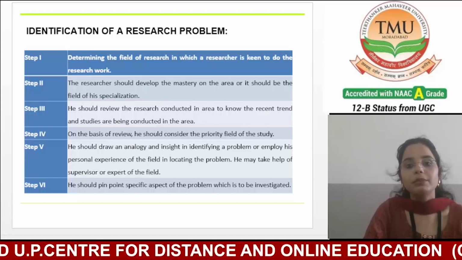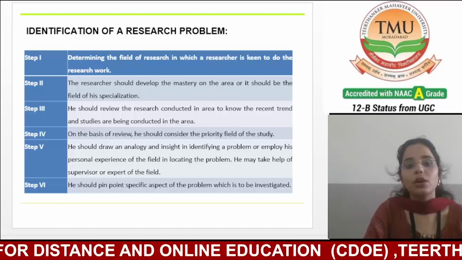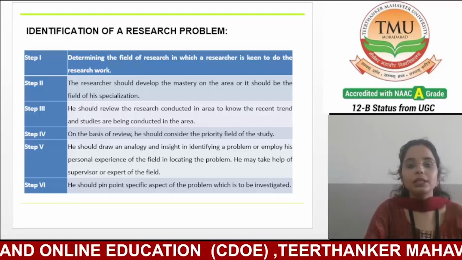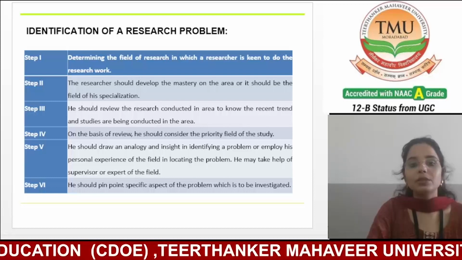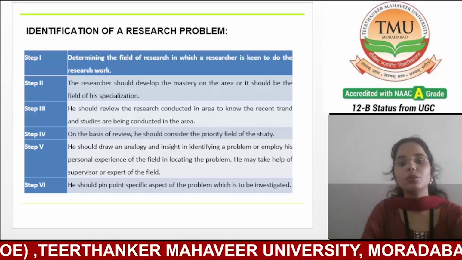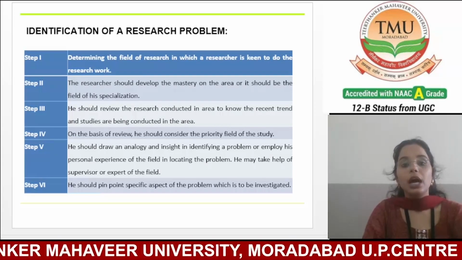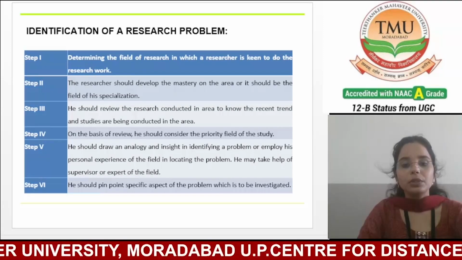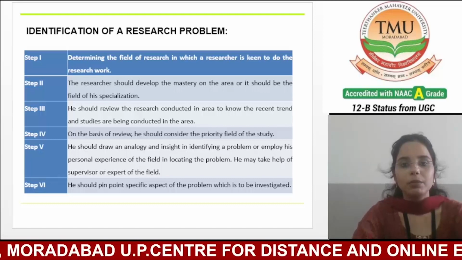For example, if the research requires access to large data sets or a specific population that is difficult to reach, the researcher needs to evaluate whether it is practical to pursue this line of inquiry. Feasibility also includes ethical considerations, ensuring that the research does not cause harm or violate ethical standards. So these are the steps of identifying a research problem.